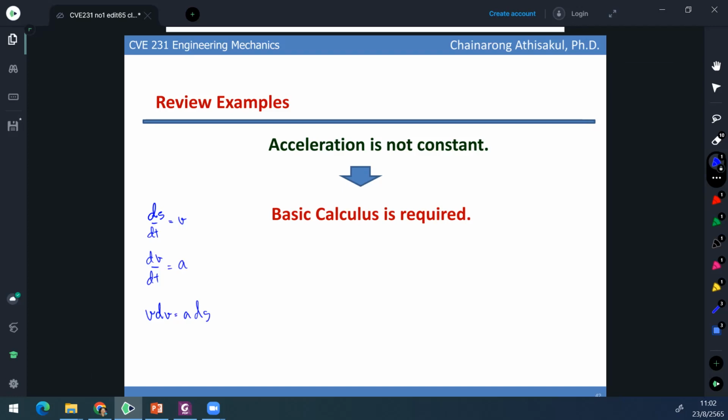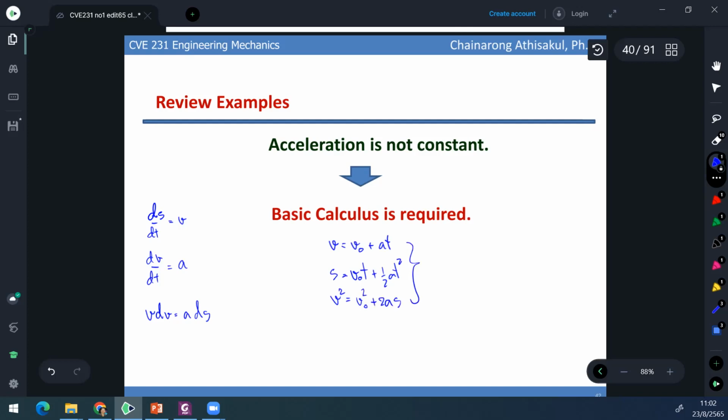And we cannot use the formulas that we use only for constant acceleration, such as v equal to v0 plus at, s equal to v0 t plus a half at squared, and v squared equal to v0 squared plus 2as.